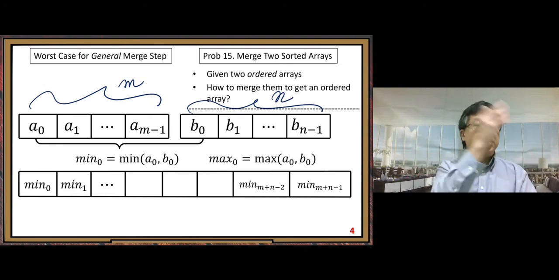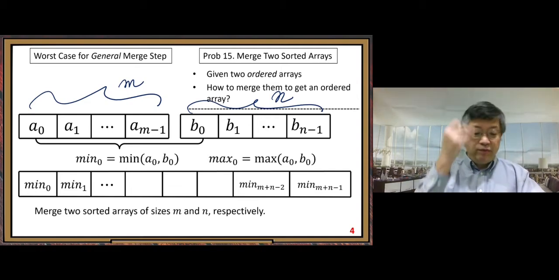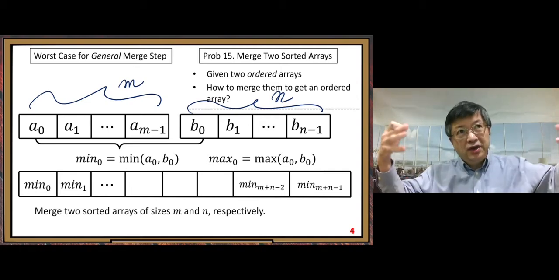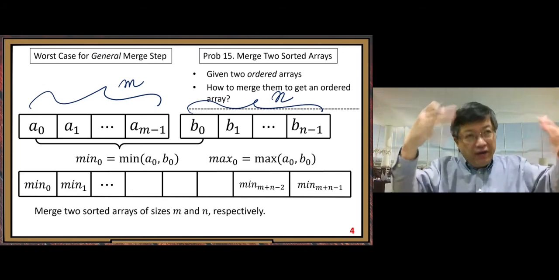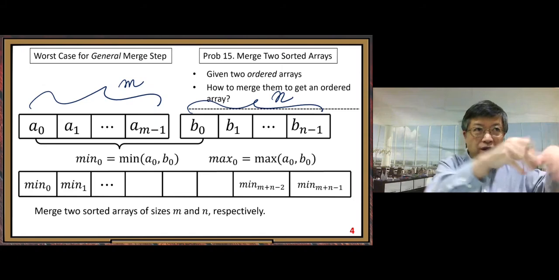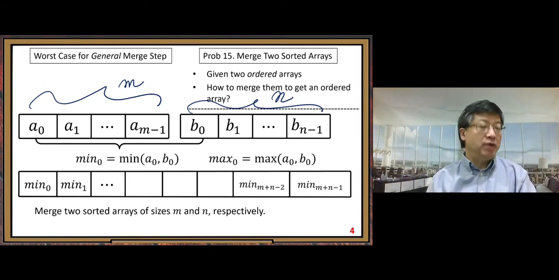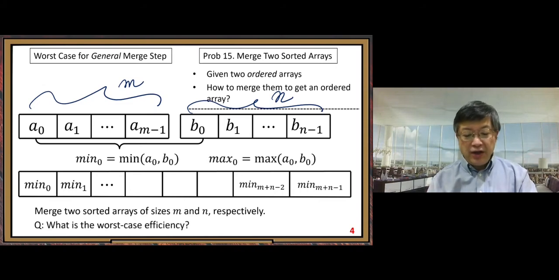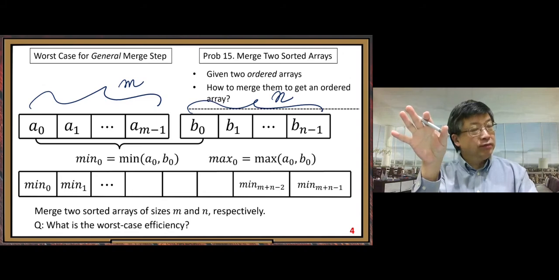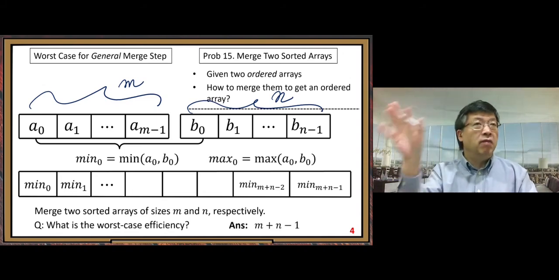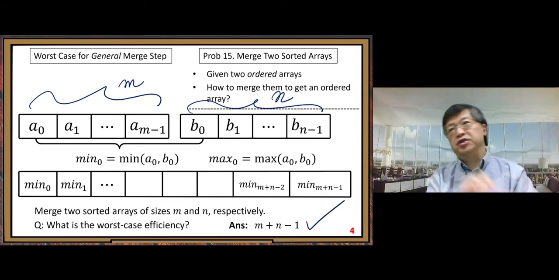What is the general worst case? The answer is pretty straightforward, using our previous way. Every time we put one element in place, we need one comparison, except the last one. So the answer is the total number of elements minus 1, m plus n minus 1. So that is the general worst case.